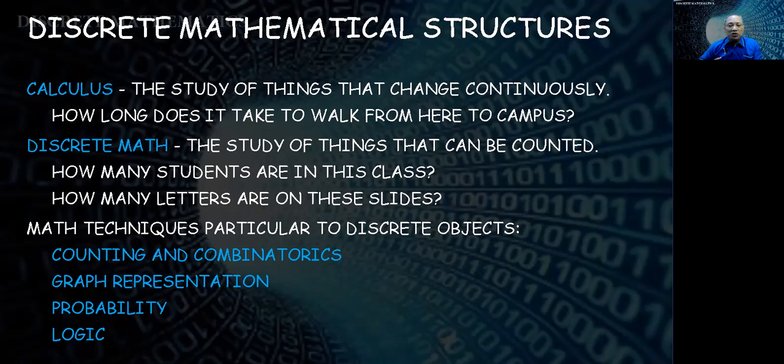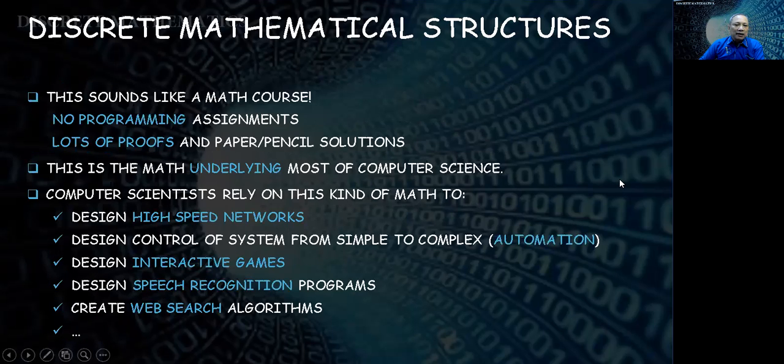And then logic actually underlies all the mathematical knowledge that is applicable. Logic is actually everywhere. The name of discrete mathematical structures sounds like a math course. Well, the name clearly infers that, obviously mathematics.